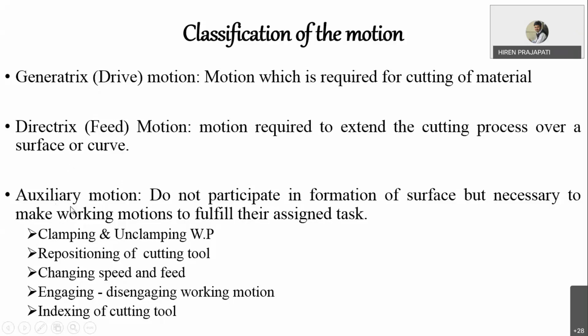These auxiliary motions do not participate in the quality of the workpiece which you are getting from the machine tool, but yes, they are the supporting process, right? So if you design a machine tool which can give you all these three motions automatically, then that is called a fully automatic machine tool.